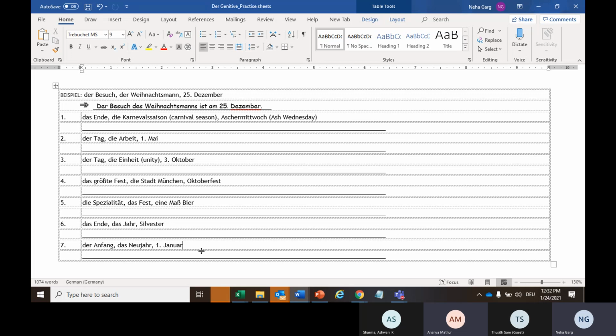Schön. Die Spezialität des Festes ist eine Maß Bier. Das Ende des Jahres heißt Silvester. Der Anfang des Neujahrs ist am 1. Januar.